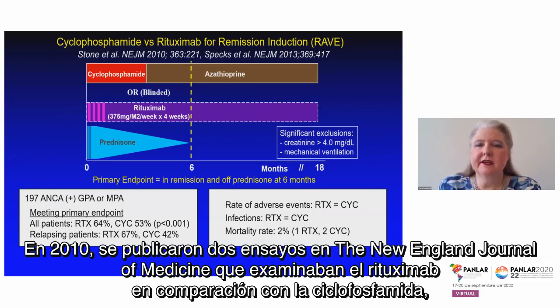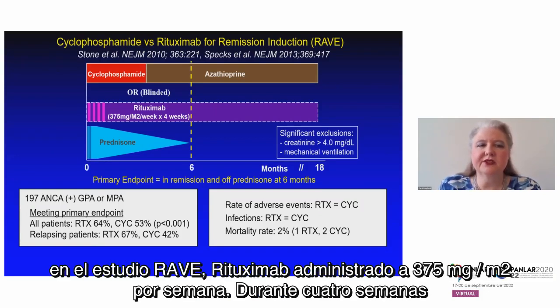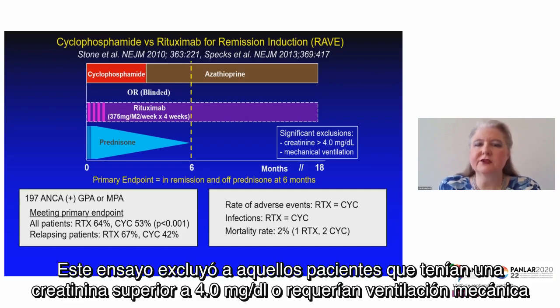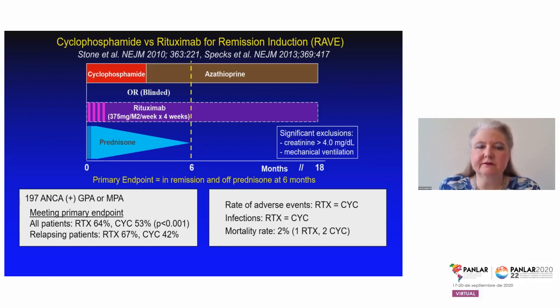In 2010, there were 2 trials published in the New England Journal of Medicine examining rituximab compared to cyclophosphamide. In the RAVE study, rituximab given at 375 milligram per meter square per week for 4 weeks was compared to cyclophosphamide transitioning to azathioprine. This trial excluded those patients that had a creatinine of greater than 4.0 milligrams per deciliter or required mechanical ventilation.